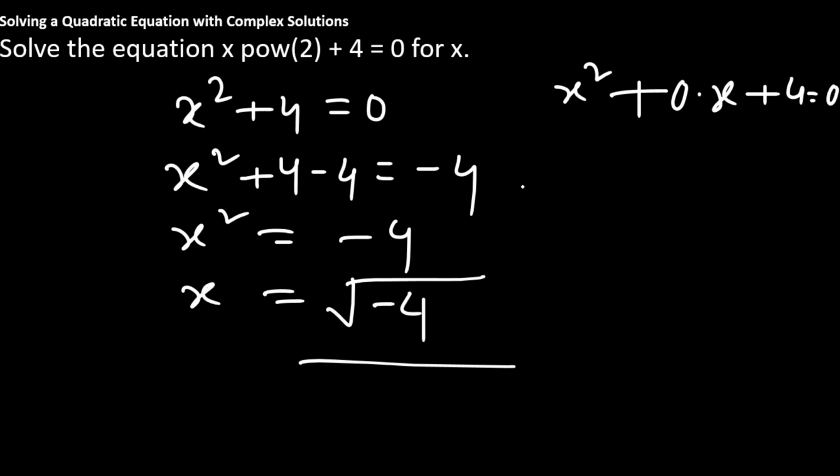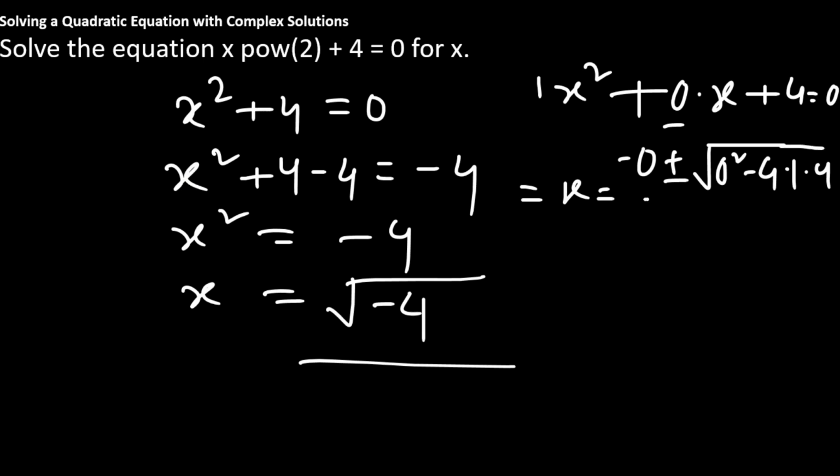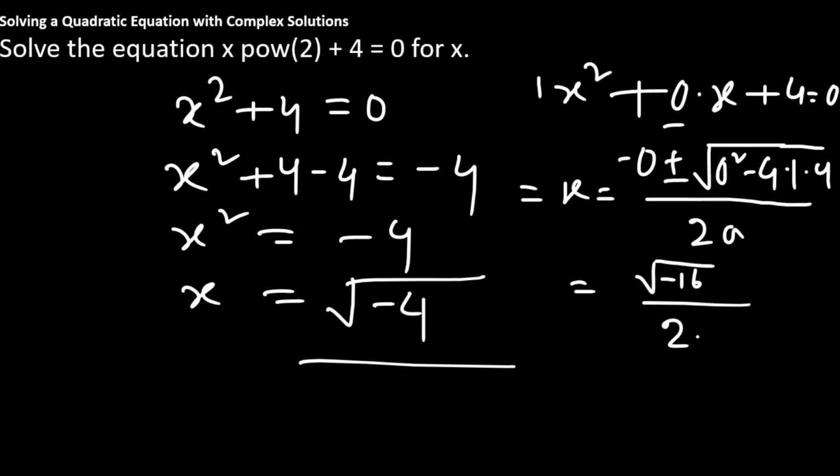Now we can find the value of x equals minus b plus or minus root over b squared minus 4ac, over 2a. Here b is 0, so 0 square minus 4ac, where a is 1 and c is 4, and 2a means 2 times 1.